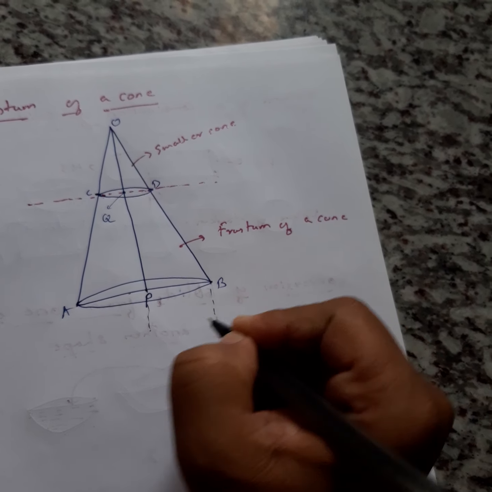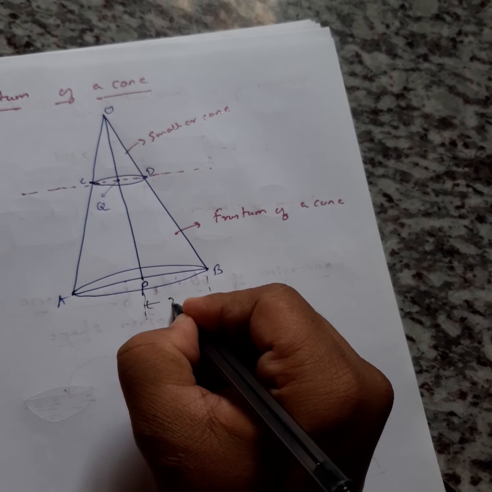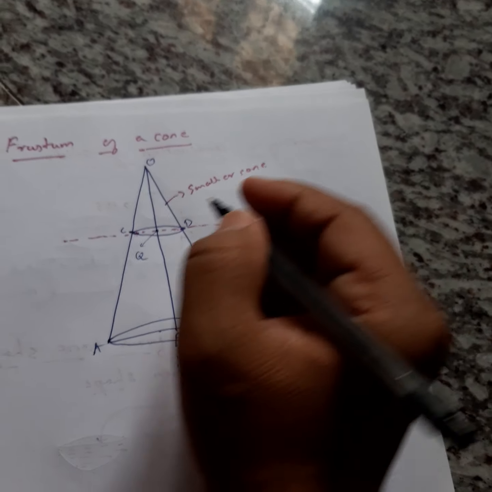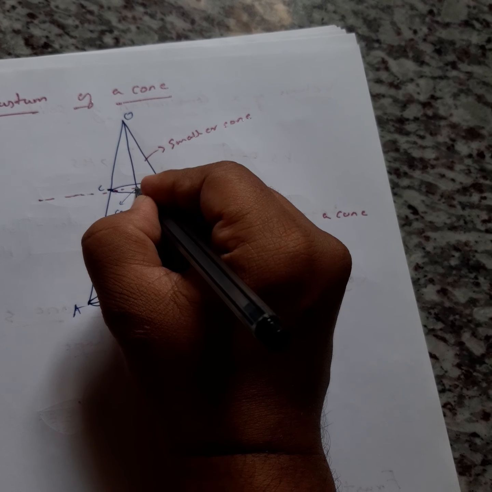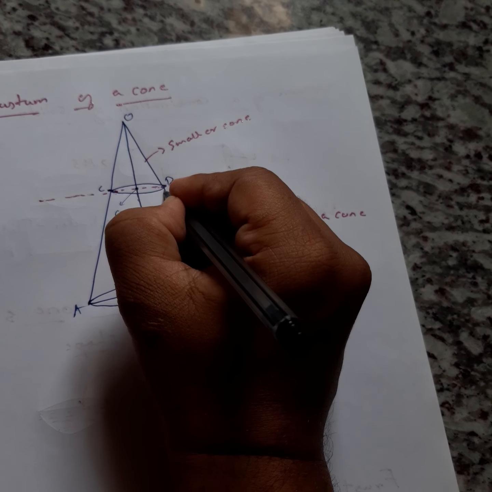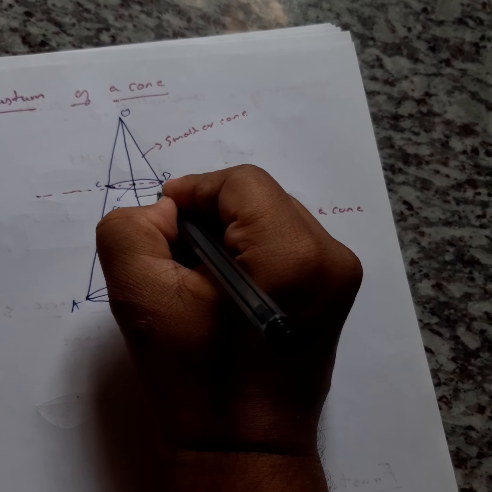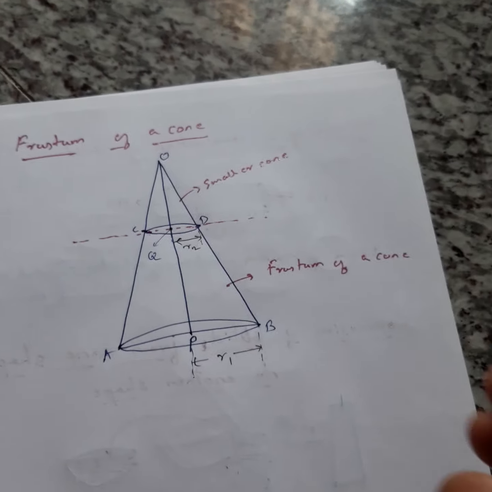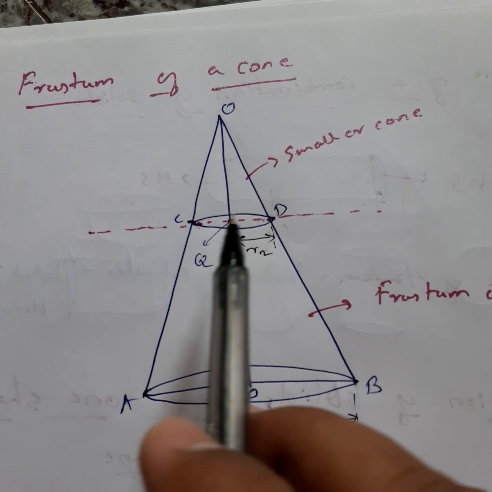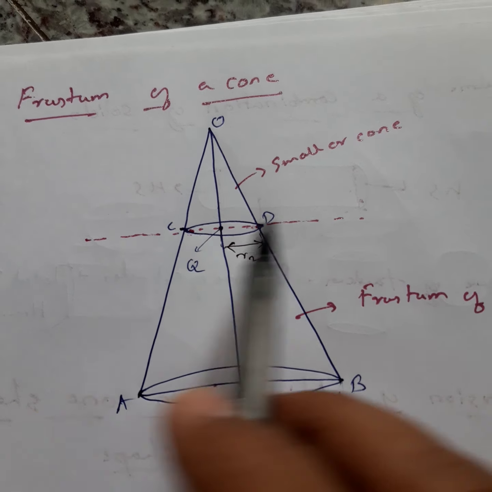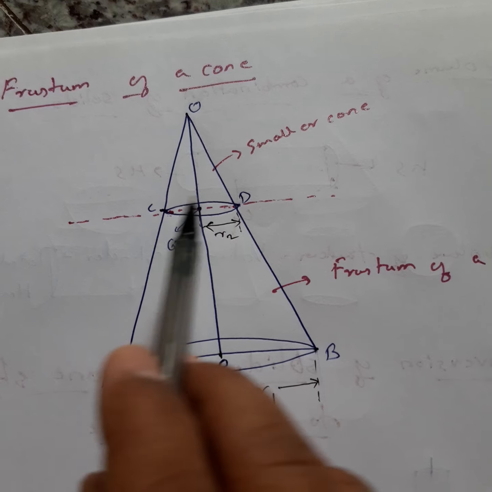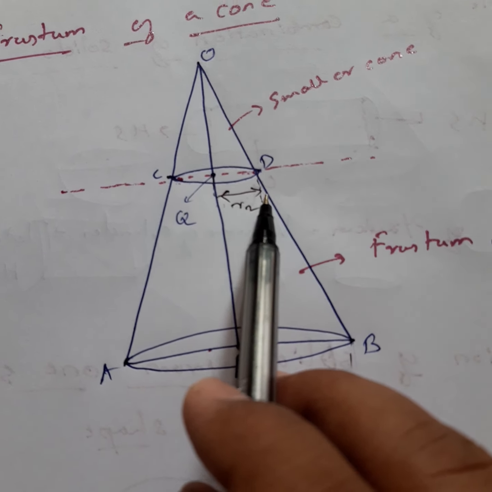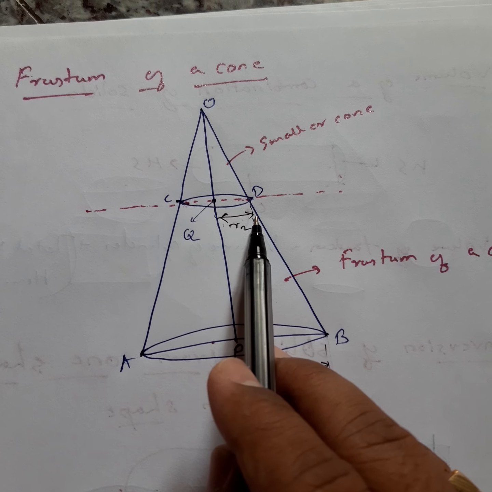Now the radius of the complete cone, the base of the cone, is R1, and the radius of the other end, the cut part of the cone, after cutting I'm going to call R2.